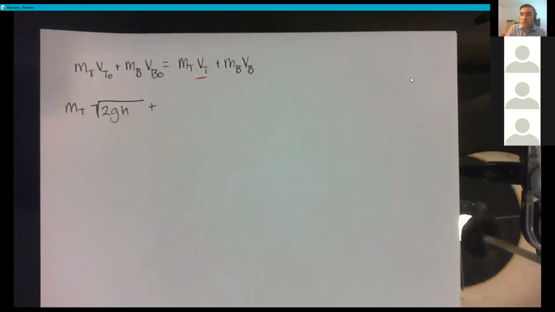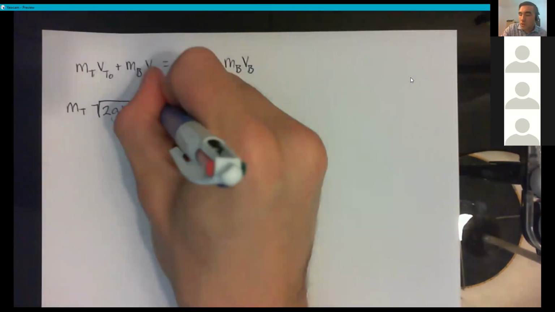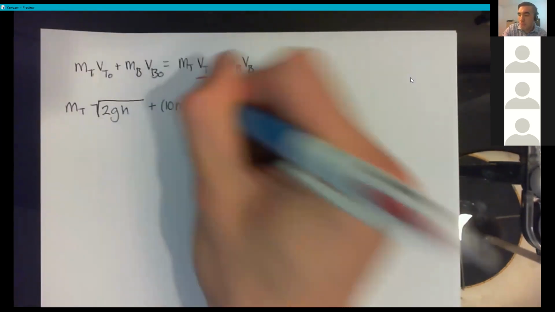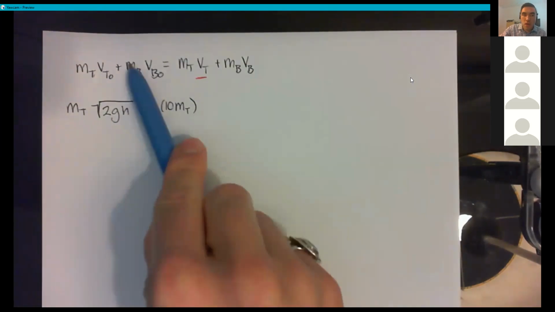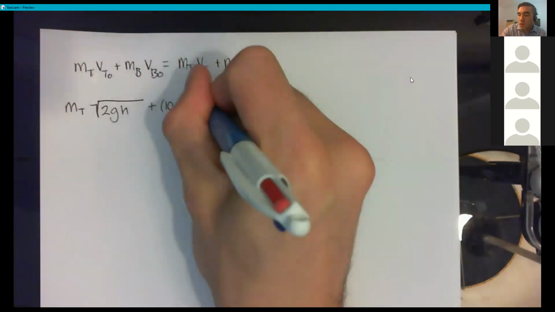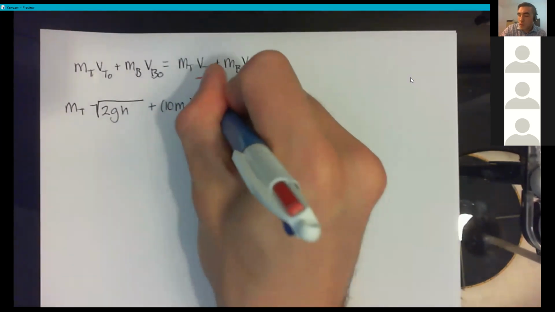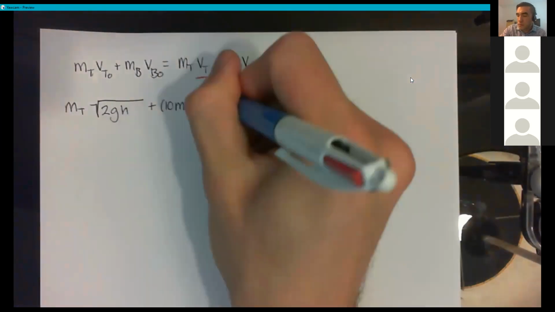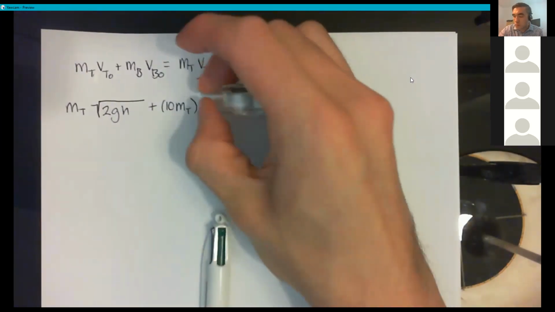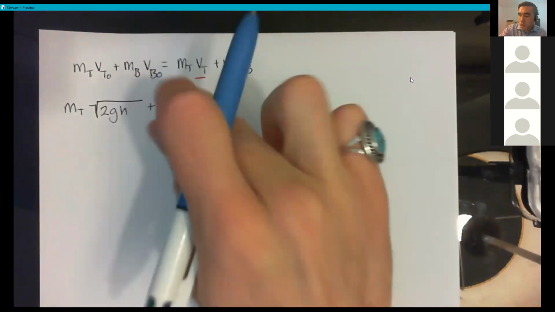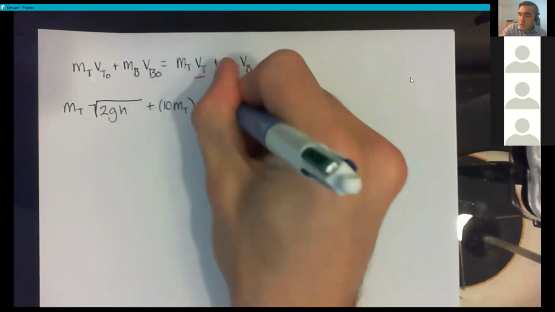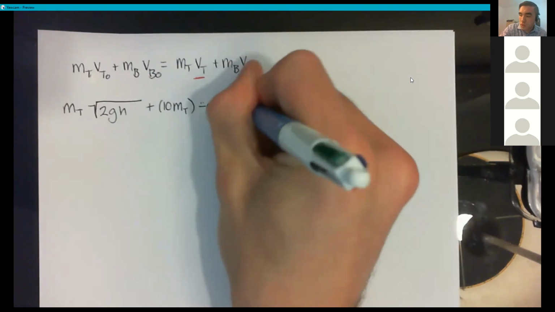So I'm going to go ahead and put that substitution in also. So it's going to be 10 times the mass of a tennis ball, right? So I'm just swapping basketball for 10 tennis balls, multiplied by its velocity, which is going to be equal to negative 0.6 root 2gh.